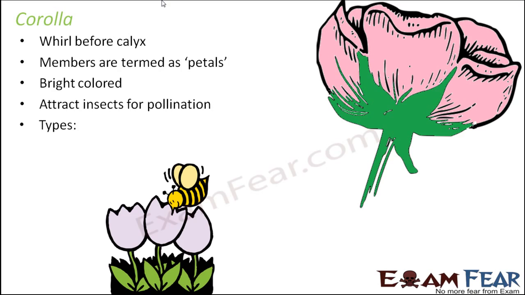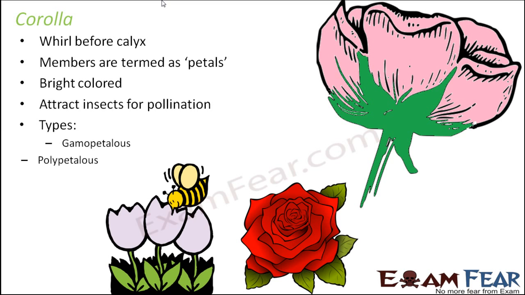Again, here also, depending upon the way the petals are organized in a flower, flowers can be of two types, that is gamopetalous and polypetalous. It is exactly as we talked about gamosepalous and polysepalous. Gamopetalous would mean united petals.